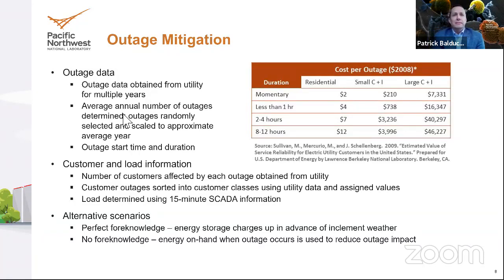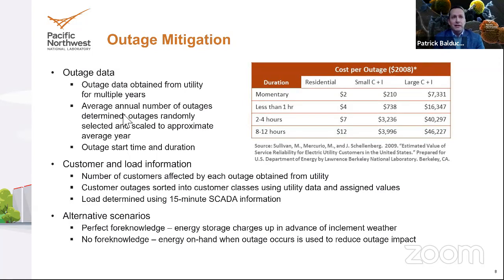Outage mitigation. We will simulate the with and without energy storage system scenario within our simulations. And what we'll do is we'll define a statistically average outage year based on multiple years of outage statistics for the area of the distribution system that we're islanding, or if it's behind the meter for the specific user.